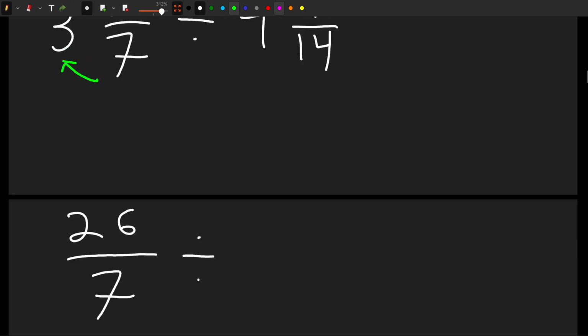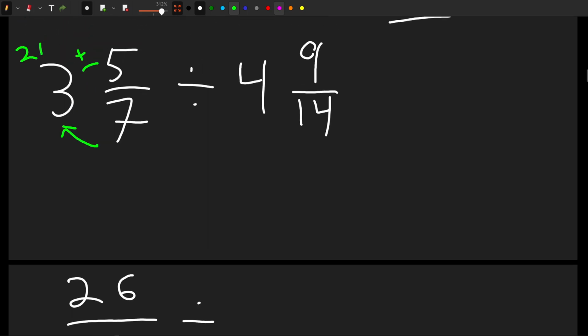I'm going back up to my previous number. 4 and 9/14 now. 4 times 14 is 56, if I remember right, plus 9. That will get me to 65.